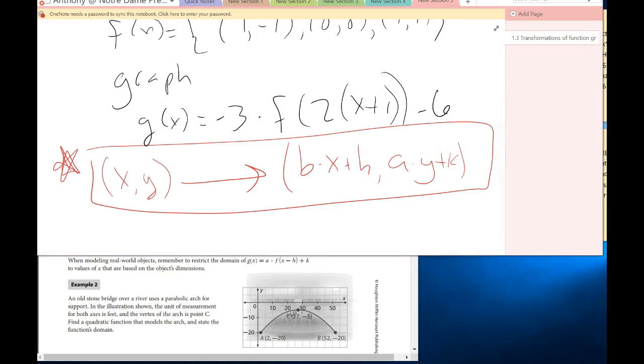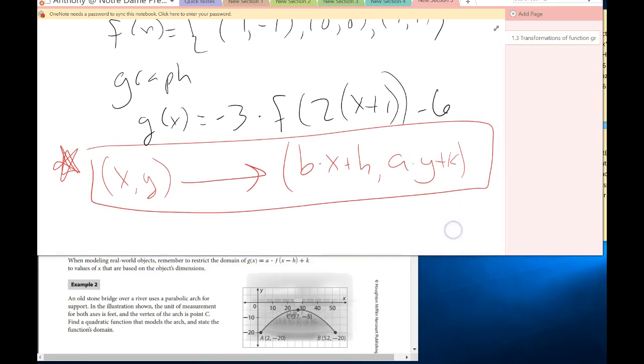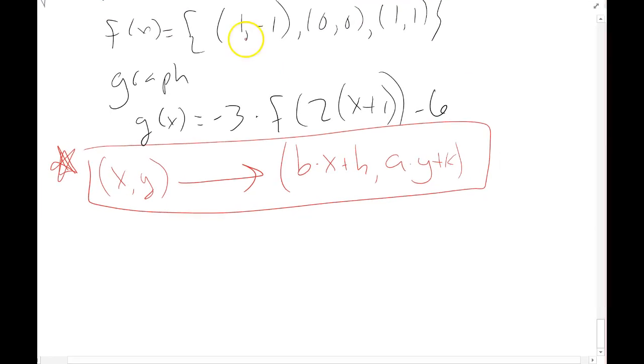I can use this now to transform my points from f, (1, -1), (0, 0), and (1, 1), into points from g, so that I can just plot those points and be finished. So all I really need to do is take my a, b, h, and k from g of x and plug them into this formula.